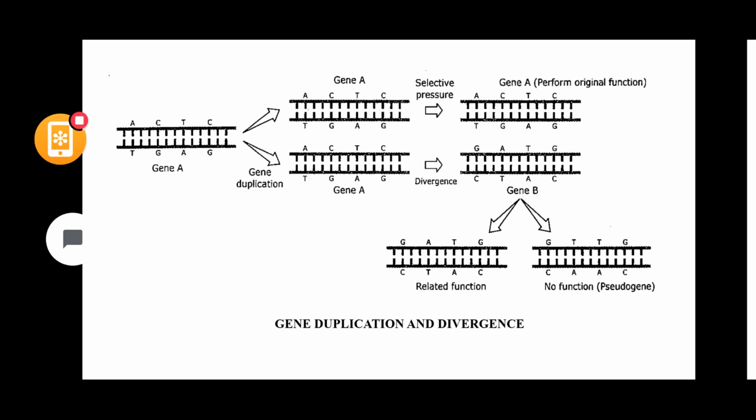Now in the second case, the divergence case, ACTC has been changed to GATG and CTAC. Now this gene B is synthesizing GATG and CTAC, but in the next sequence it is synthesizing GATTG and CAAC. So the first one is producing a related function, but the other one is not producing a related functional protein.